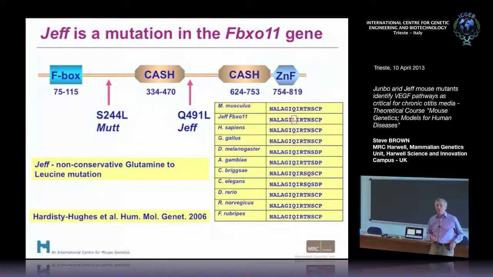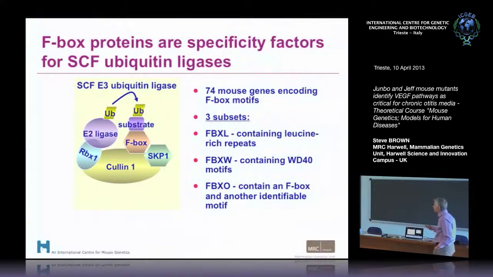And it turns out that this is a mutation in a gene called FBOX11. Here's the mutation here. It's a non-conservative glutamine to leucine change in this particular gene. So what are FBOX genes? They're in fact specificity factors for a class of ubiquitin ligases.